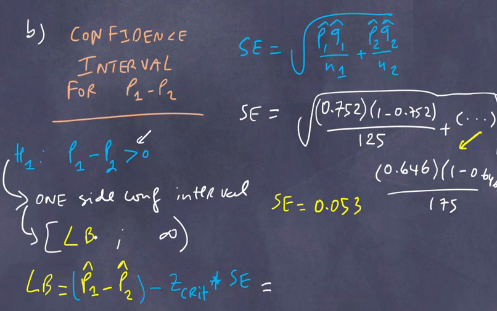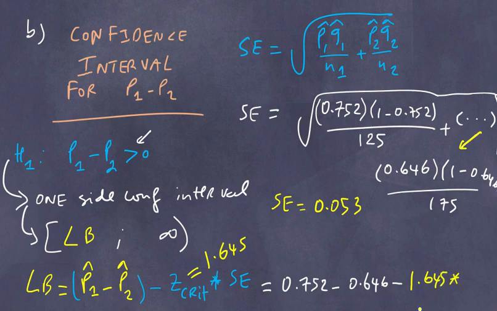So the lower bound is 0.752 minus 0.646 minus Z crit, which is 1.645, times the standard error, 0.053.